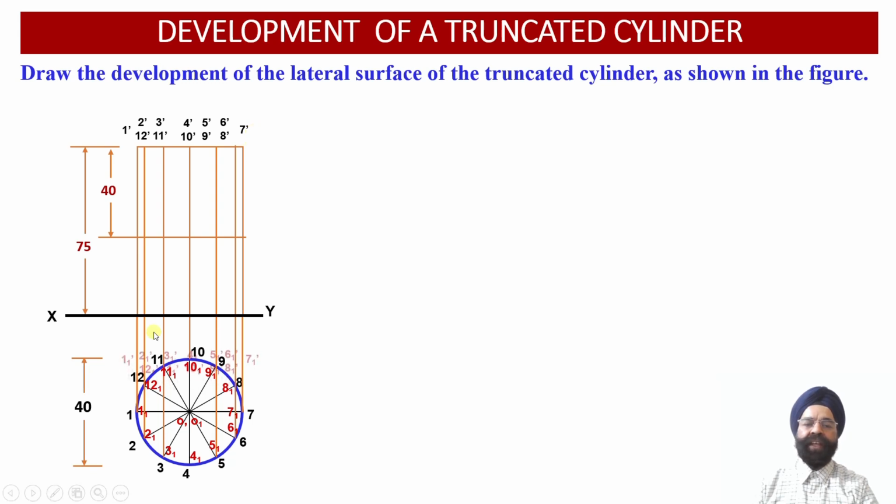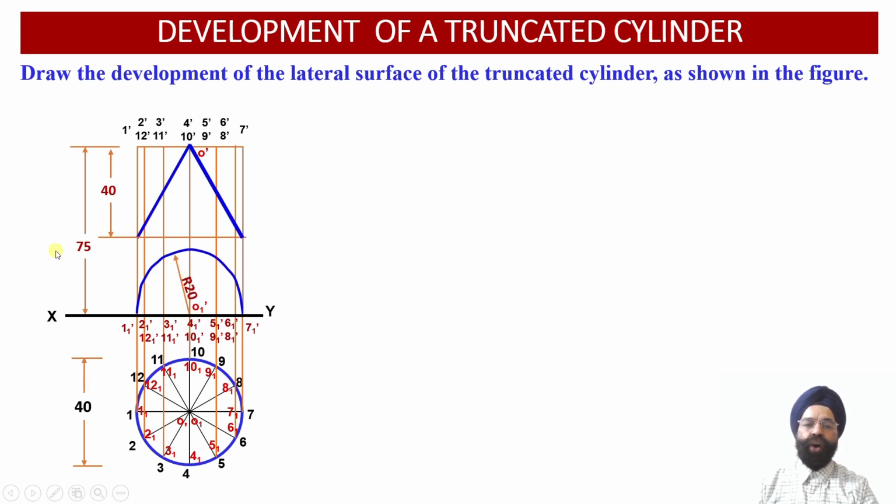Similarly, the 12 points corresponding to the base of the right cylinder have been marked appropriately onto the XY reference line in the front view. Now we are going to obtain the axis points, that is O dash, the axis point corresponding to the top face of the cylinder, whereas O1 dash is the axis point corresponding to the base of the cylinder.